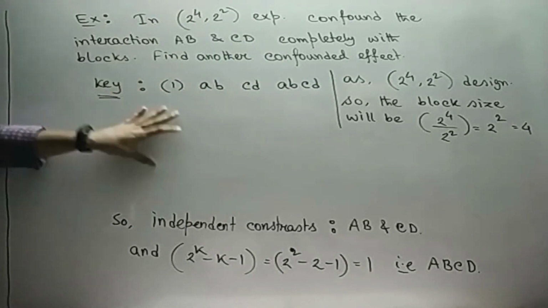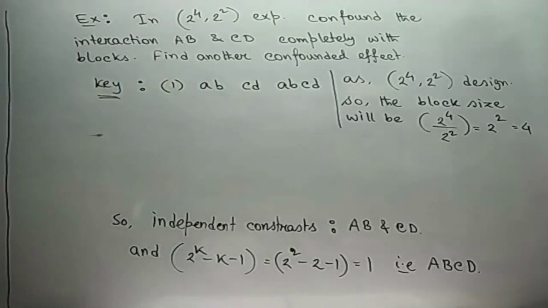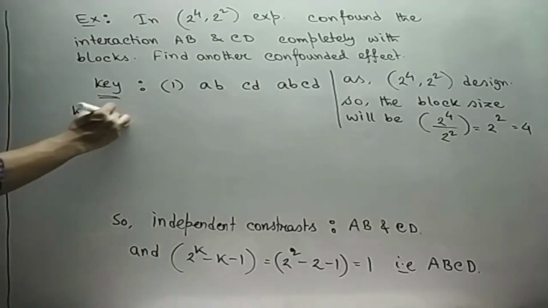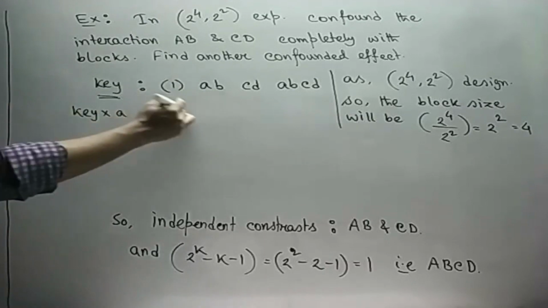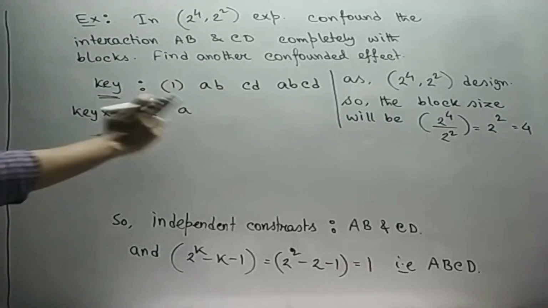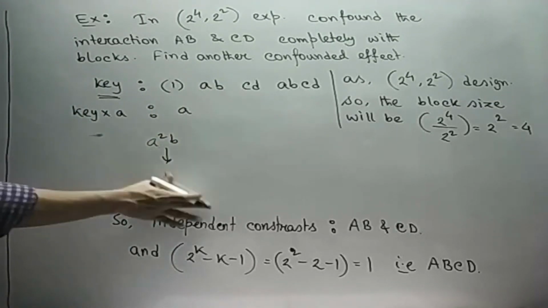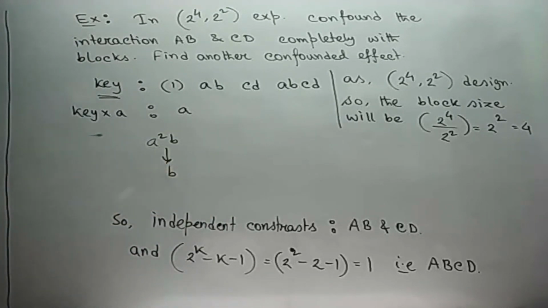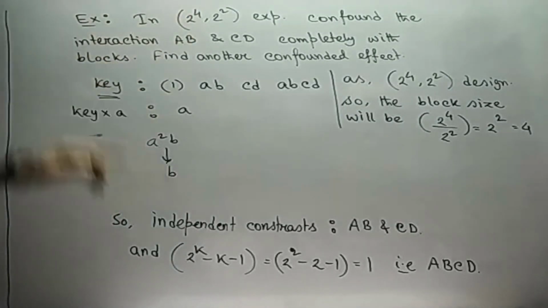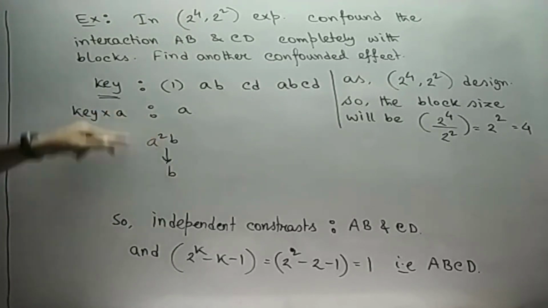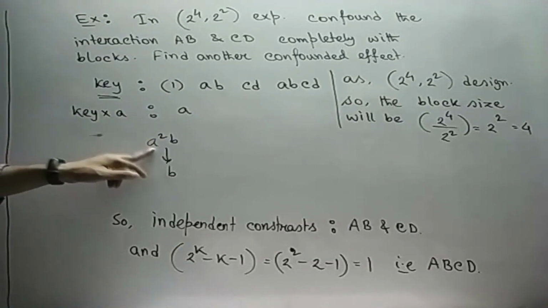The simple idea is to choose a treatment combination which is not present in the key block, and let's say that treatment combination is basically A. Then multiply the key block with A. If we multiply this, then we get A. If we multiply this, then we get A square B. But I have told you that A square B will be converted to just B. If we have a 2 to the power 4, or 2 to the power n factorial design, then if a power gets 2, that is, if we get A square, then this letter A will vanish. So we will get only the value B.